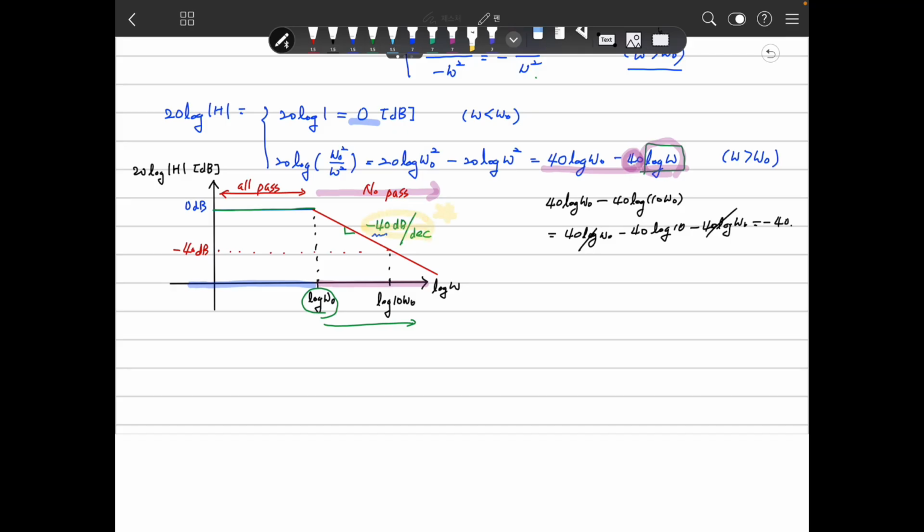If we have a third order system, then there's minus 60 dB per decade.